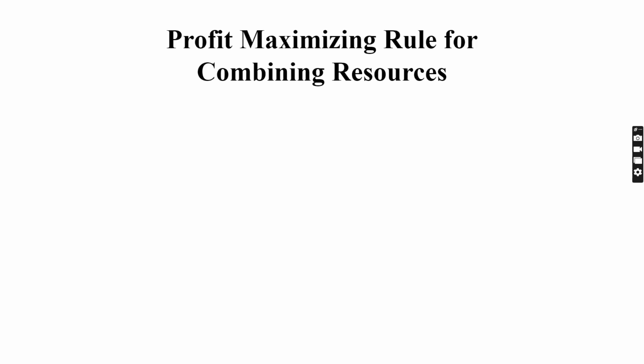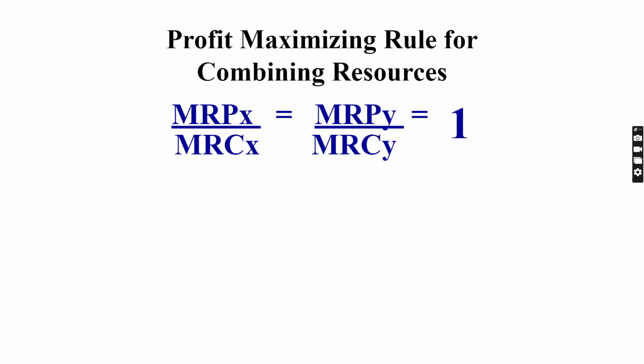Okay, now we have one more equation that we need to cover, and this is the profit maximizing rule for combining resources. We just went over the least cost rule, which is the rule that a firm uses to maximize output and minimize costs. But we can apply these same concepts in order to determine how a firm should maximize profit by employing certain quantities of resources. And here is your equation.